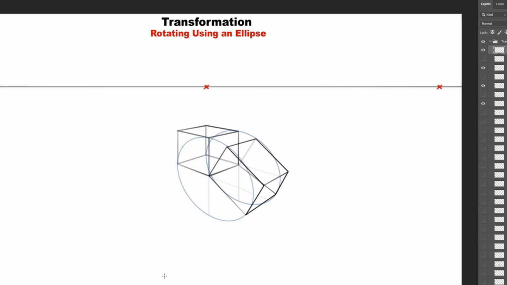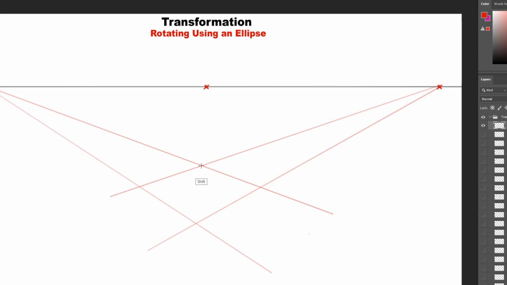Let's try this in another way. If we are not sure how much we want to rotate the box and we want a fast way to try different rotations, we can draw the larger rectangle first and draw two ellipses in between before even drawing the box.